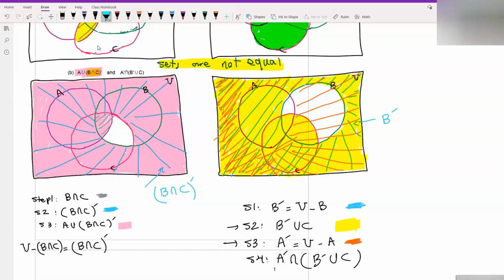So here we have yellow, orange. Here inside C, this part of C, I have yellow, orange. Here also I have yellow, orange.